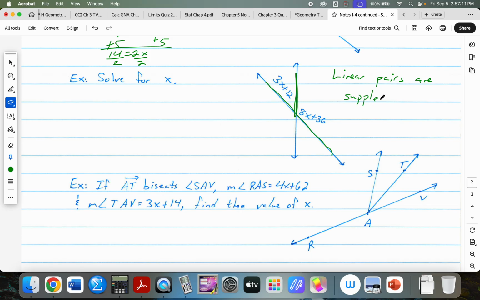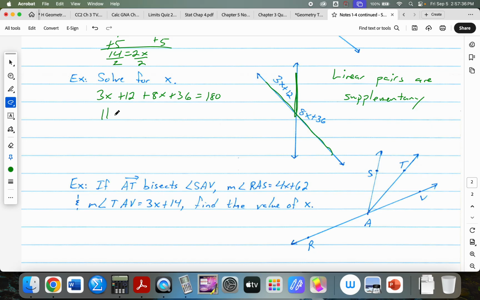Good use of your notes. Linear pairs are supplementary. So that means their measures are going to add up to 180. So 3x plus 12 plus 8x plus 36 is equal to 180.